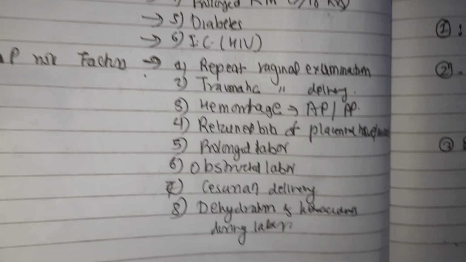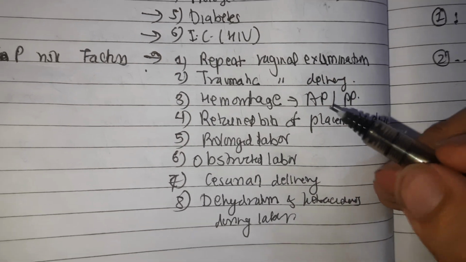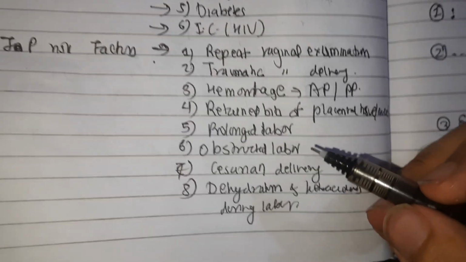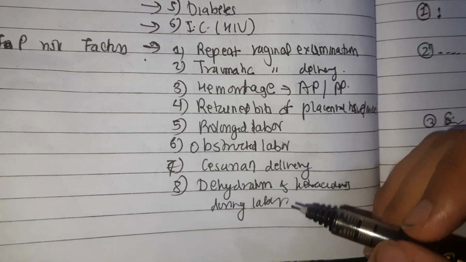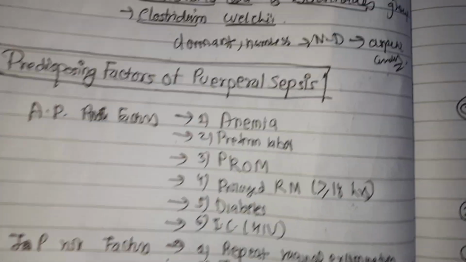So these are the intrapartum risk factors: repeated vaginal examination, traumatic vaginal delivery, hemorrhage, antepartum or postpartum, retained bits of placental tissue, prolonged labor, obstructed labor, cesarean delivery, dehydration, and ketoacidosis.